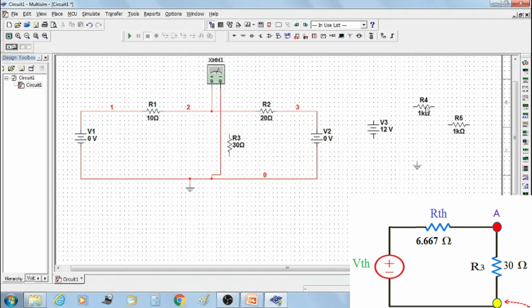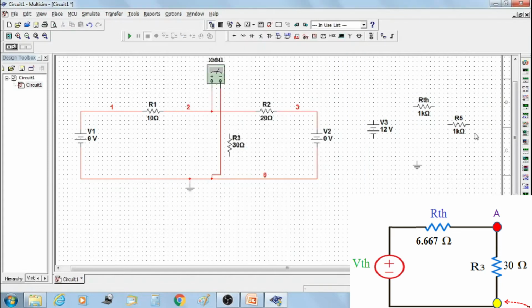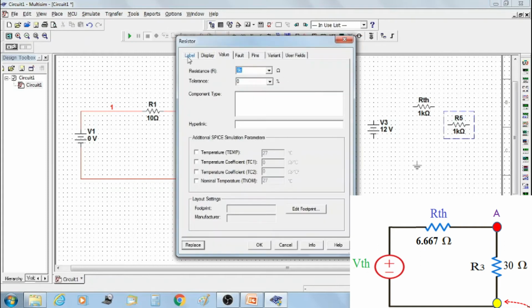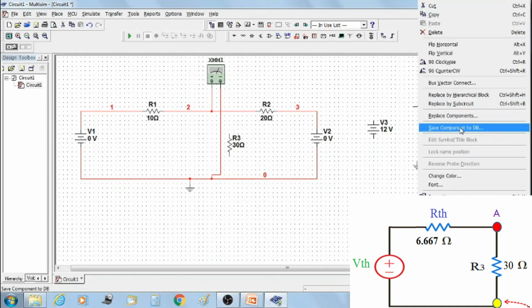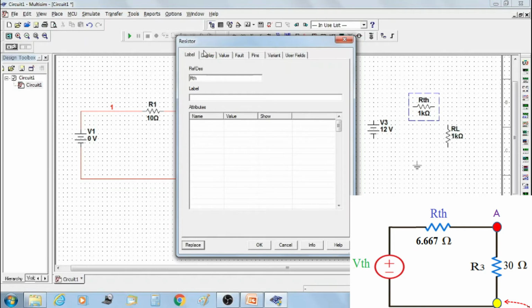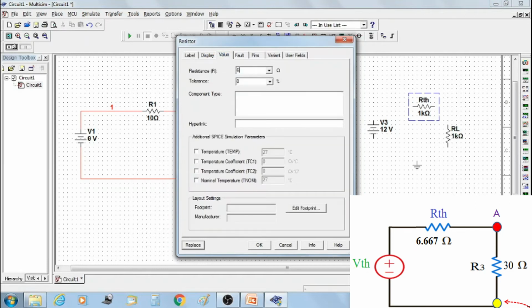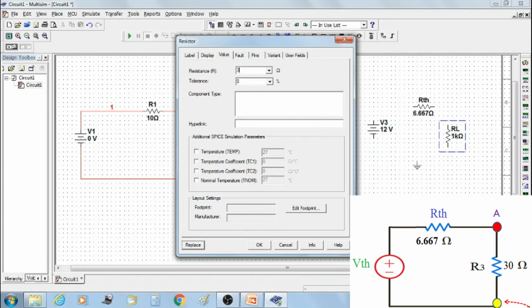R4 is nothing but the Thevenin's resistance RTH, and R5 is nothing but R3. We are calling it RL, or our load resistor. Orient the load resistor and set RTH at 6.667 ohm. We already calculated the same. And set RL at 30 ohm.